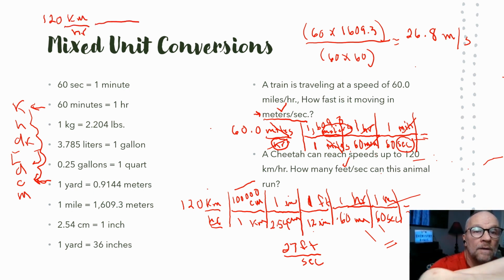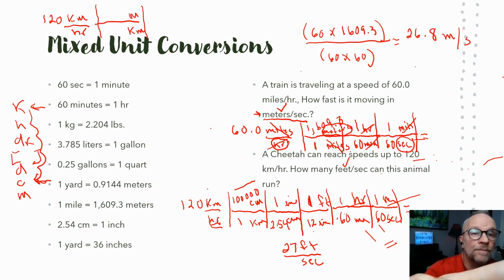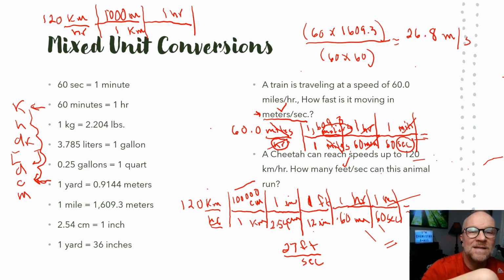And so if you were to convert that to meters per second, like we did up on top here, you got kilometers here on the bottom and meters. So you got 1,000 meters per kilometer. And then you got, for every 1 hour, you got 60 times 60.